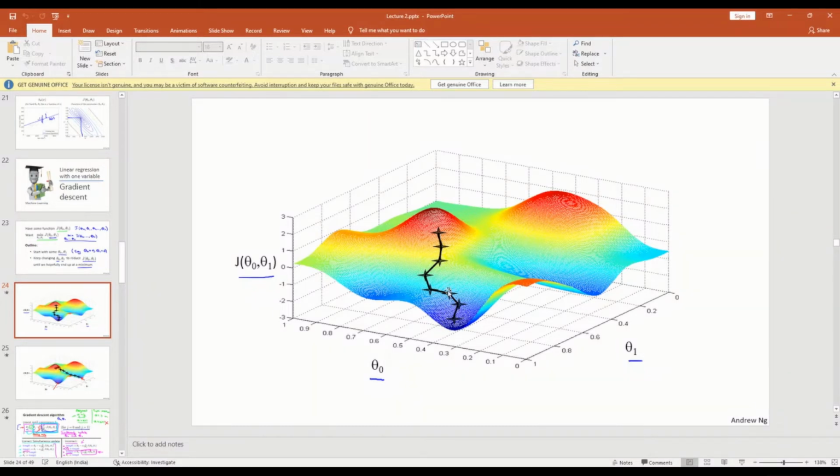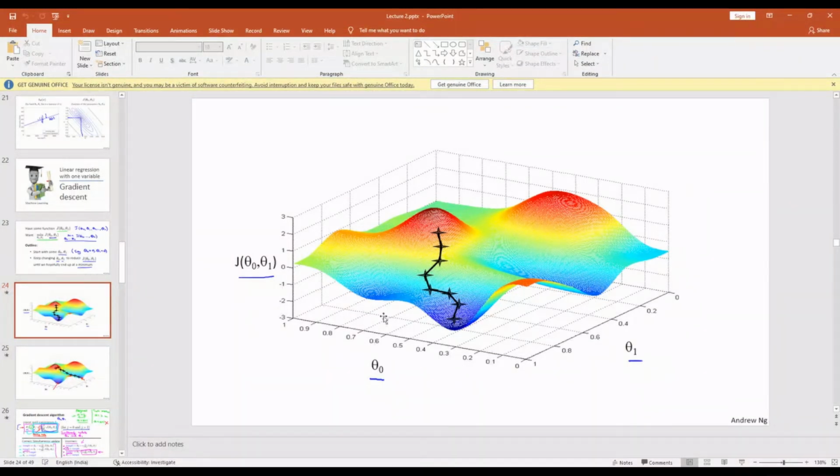But there is one more issue. Okay, there is one more issue. Let's say this is a 3D graph. I hope you can visualize and you can see it. Here is theta 1, here is theta 0, and up in height you have j of theta 0 comma theta 1. So you see this hill, and the hill is the area where the reddish part is, where the value of the cost function is high. And this blue part, where you see something like a pit, even in the shapes you can see the value is minimum, right?